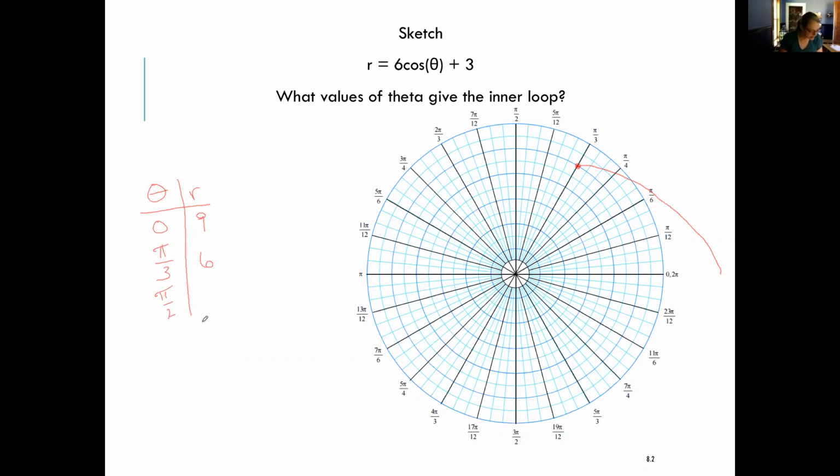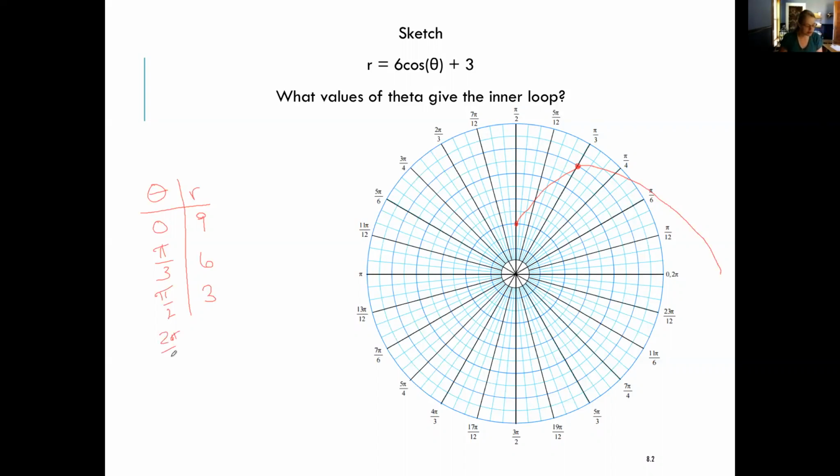Let's see what happens at pi over 2. The cosine of pi over 2 is 0. So now I'm into 3. 1, 2, 3. Okay. Two pi over 3.